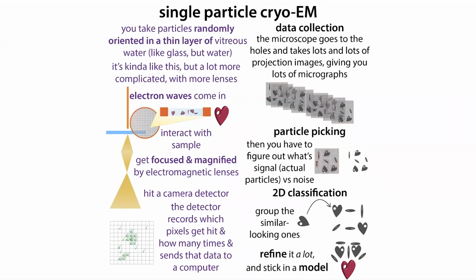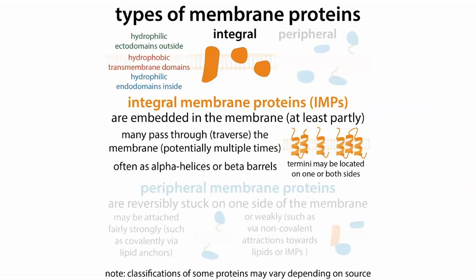But for bigger membrane complexes, cryotomography is kind of like you look at slices of the membrane rather than looking at single particles suspended in liquid on your grid. And much more on cryo-EM in other posts.